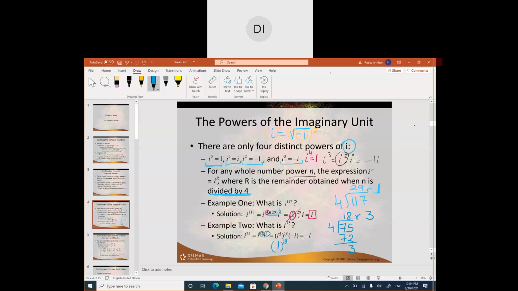And then i cubed, looking at i cubed up here, is negative i. Okay? And i to the 4 to the 18 disappears, so the answer is negative i. Everybody understand that?